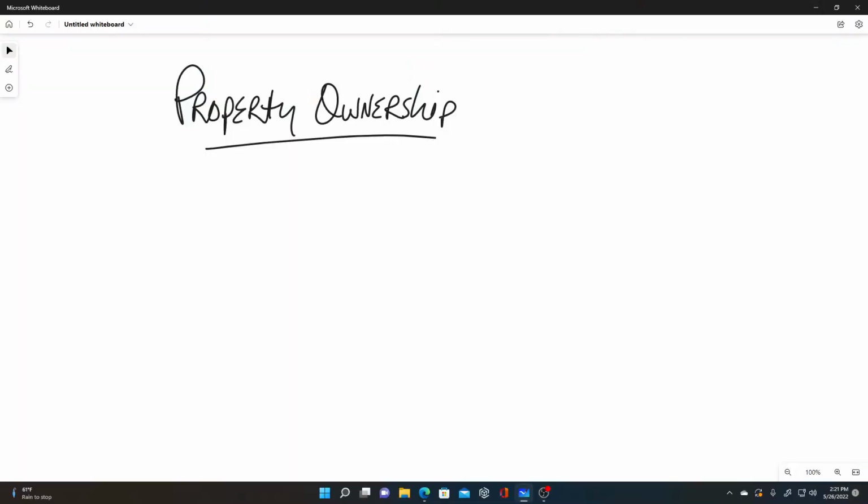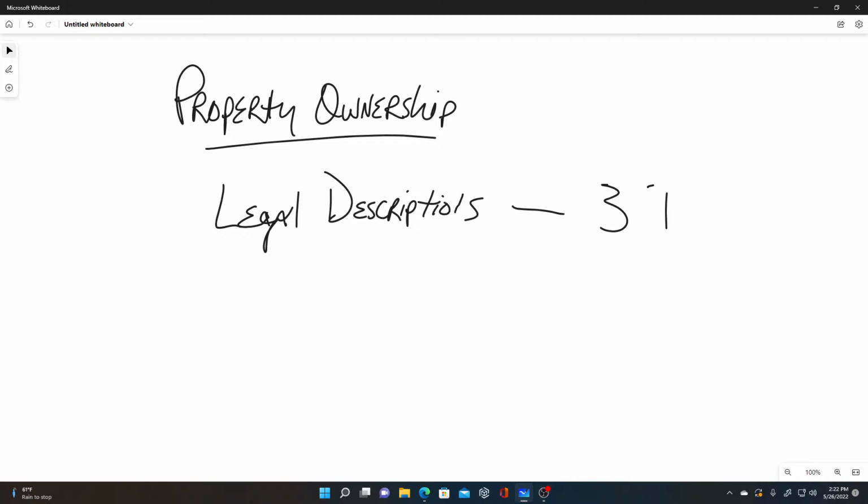The second area we need to understand is what we call legal descriptions. And by the way, we've got some great videos on my website where we really dive into all of these topics. But regarding legal descriptions, I want you to remember that there are three different types, okay? First, we have what is called the government rectangular survey system.